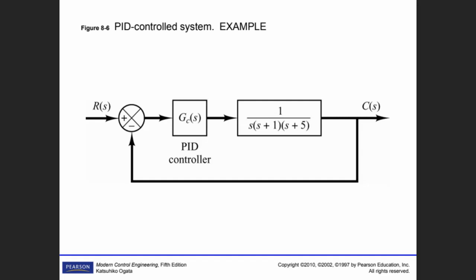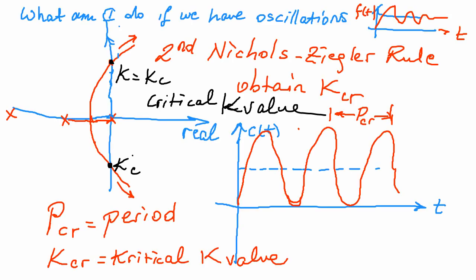Therefore, we are most likely going to use the second Ziegler-Nichols method on this system. So I'm just going to open a new page. Oh, look at that. What a mess.